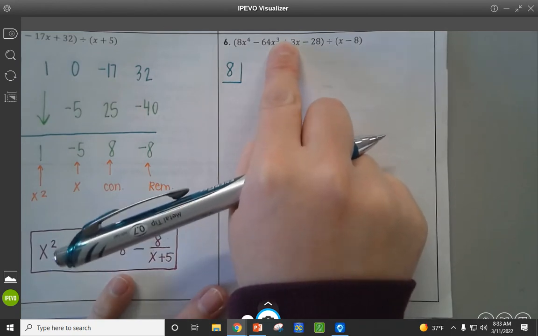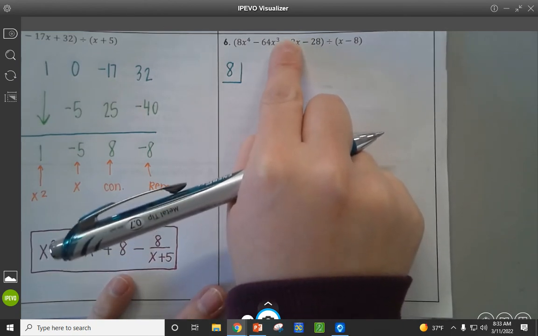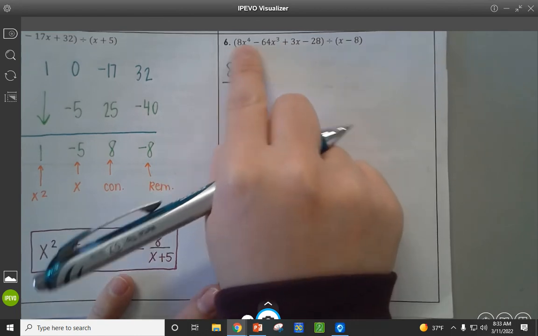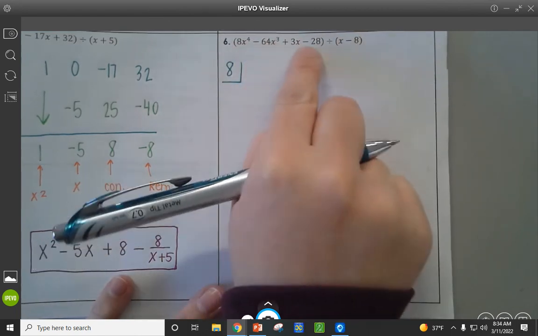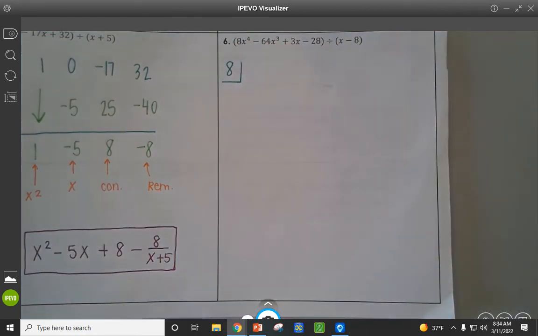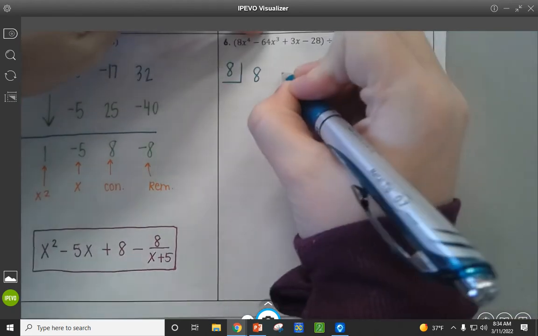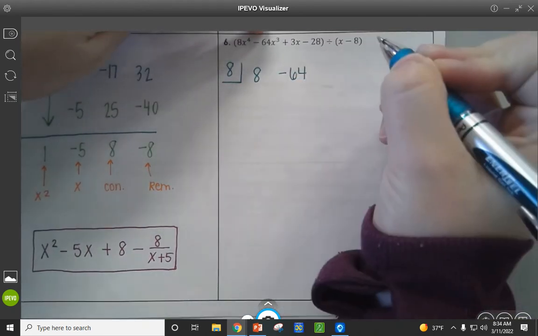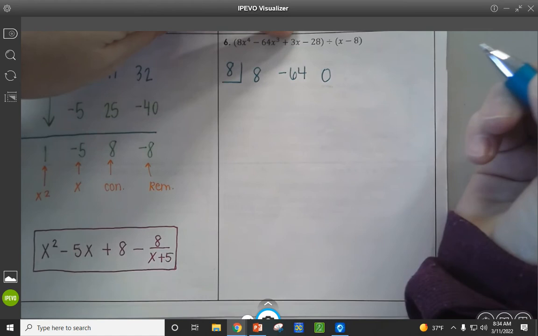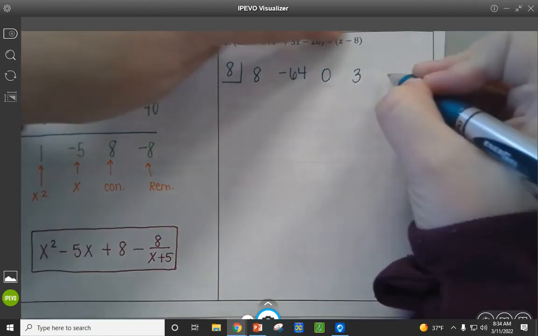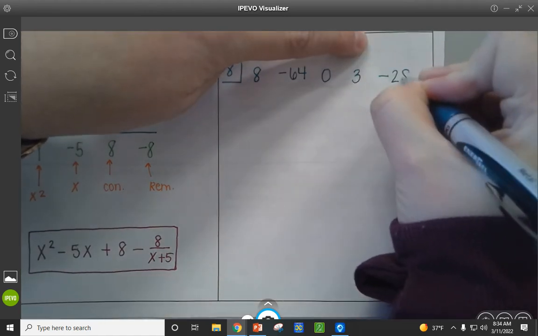So we have to make sure to put in a 0 where x squared would be. And you also need to make sure that your exponents go from largest to smallest. Generally, all of the examples you're going to see are going to be like that, but that's another good thing just to check because otherwise it doesn't come out correctly. So we have an 8, negative 64, 0, 3, negative 28.